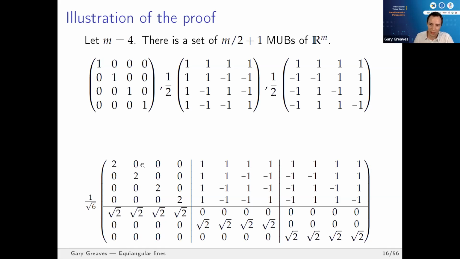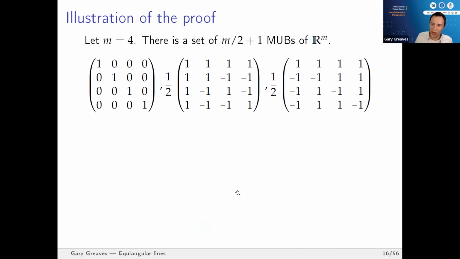The absolute value of inner product between any two of these column vectors is constant. Is just equal to a third. So that's how it works.